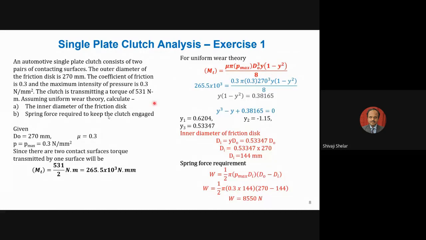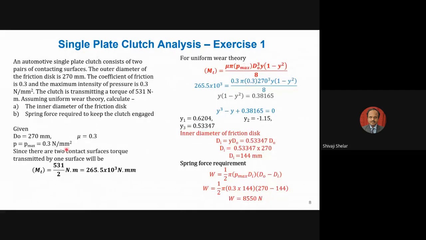Now, since we don't know the y value, why don't we know the value of y? Because we don't know the inside diameter. The inner diameter is the unknown value you are going to determine. So whatever the known values in this equation, put that and determine the unknown value of y here. So we have MT now 265.5 into 10 raised to 3. Mu value 0.3. Then pi as it is.